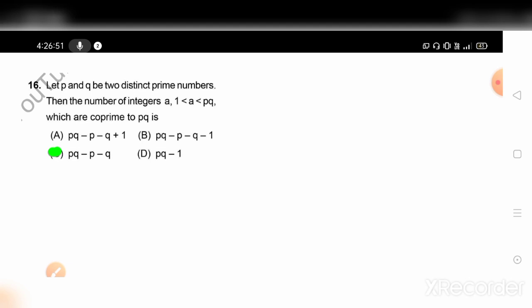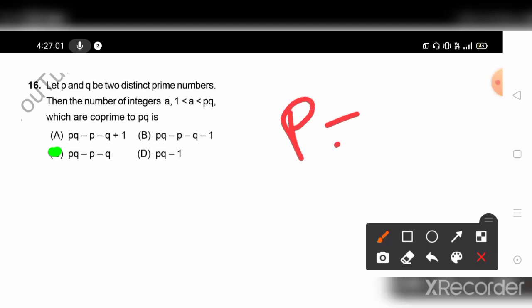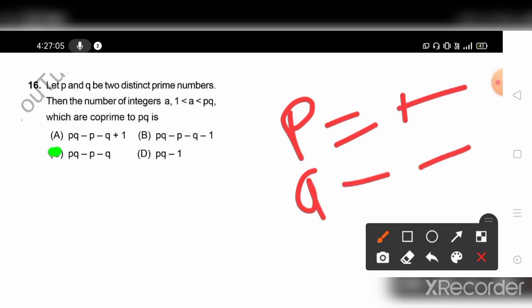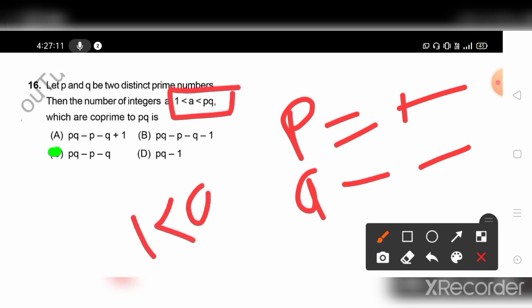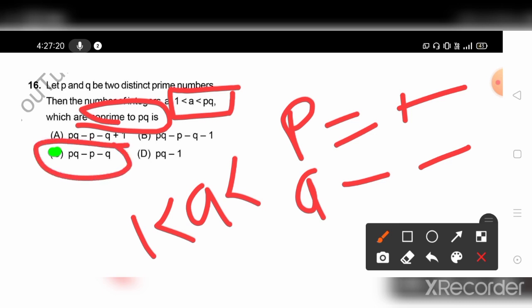Then the number of integers a, 1 less than a less than pq, which are co-prime to pq. Here put p equal to one number and q equal to another number, and now the condition is satisfied. Here option C is satisfied.